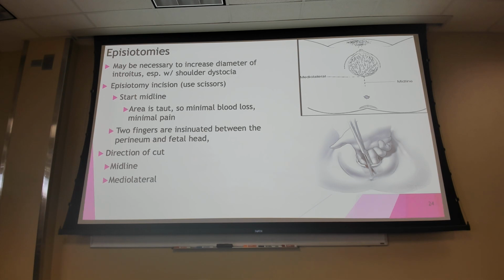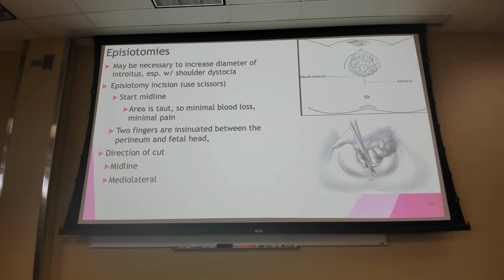Remember, an episiotomy is a surgical cut. We're trying to open up the area for the baby to come out so we can have a larger area, so we can try to push those shoulders together and get the baby out from underneath that pubic symphysis. Most of the time, they're going to go midline, so there's a fibrous area between the vagina and the rectum.